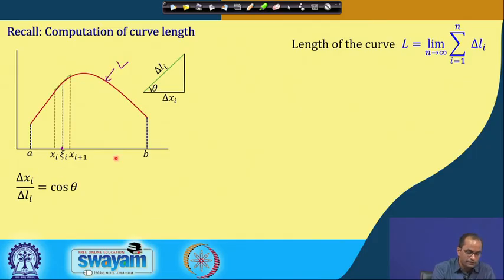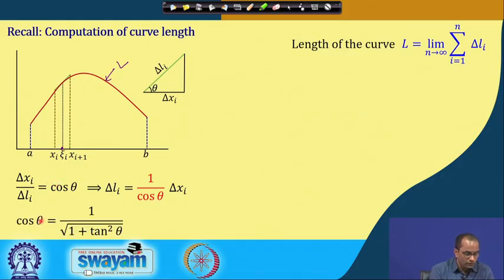From this triangle we have that cos theta is delta x_i over delta L_i. So, delta x_i over delta L_i is cos theta, or we can get from here that delta L_i is nothing but 1 over cos theta times delta x_i.